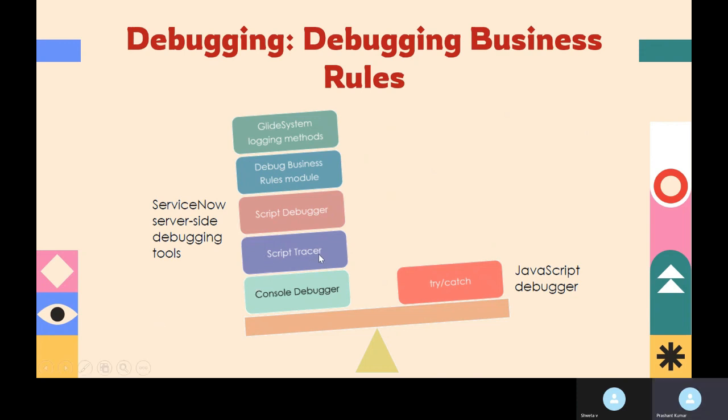This script tracer is also the same as a script debugger. You can debug the script on your scripting area wherever you're writing your script, and there is the console debugger. You can debug a business rule using the browser console debugger. We right click and inspect element, and at that point we can also check the script debugging.